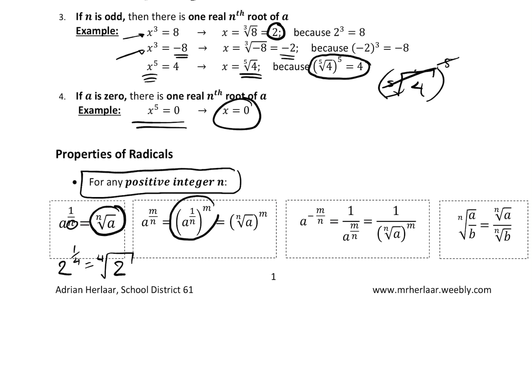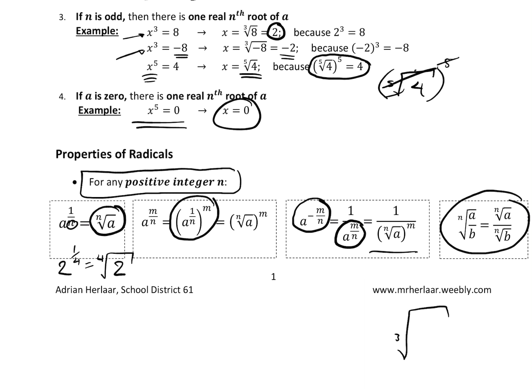This is the flower power. This is when you have a negative exponent. You have to put it in the denominator first, and then you flower power. And this is if you have the root of a fraction. So if you have the third root of 2 over 3, and you'll notice A and B are not the same, then you have the third root of 2 over the third root of 3. This is an important dynamic you're going to see in the next few pages.